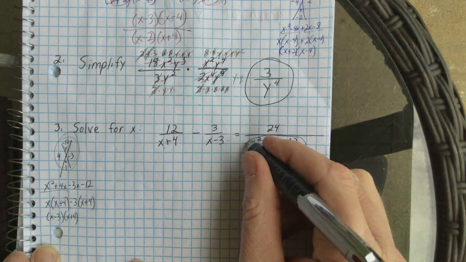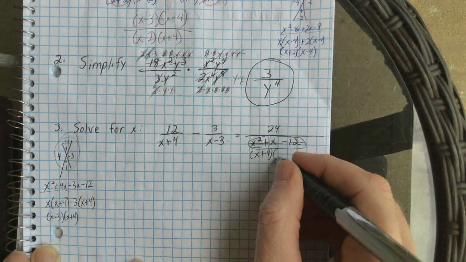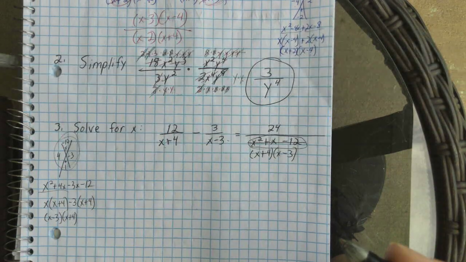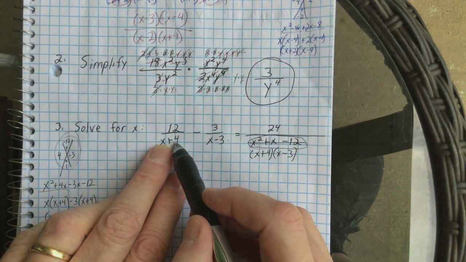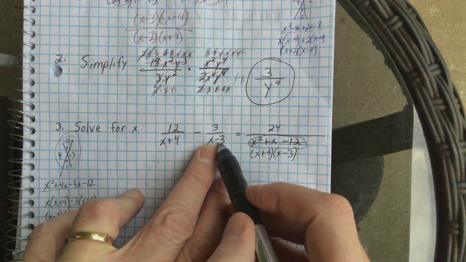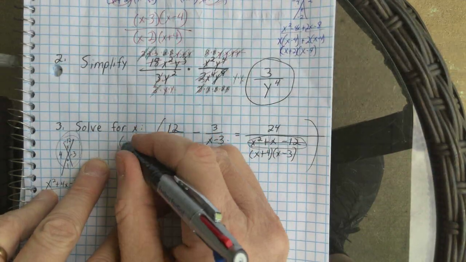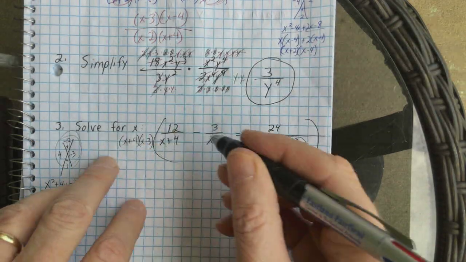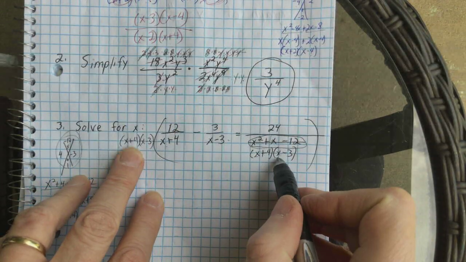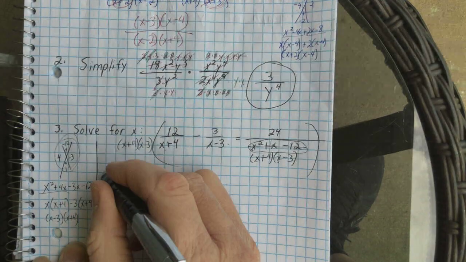I'm going to write this, cross this off, and write x plus 4 and x minus 3. I need an x plus 4, I need an x minus 3, because I'm going to multiply the entire equation by that, and I have both those there. Now I'm going to write this out.